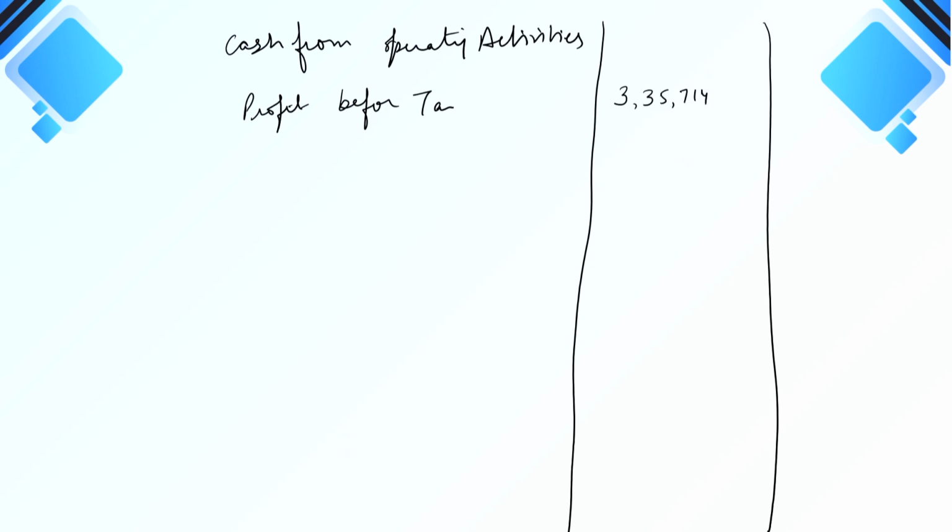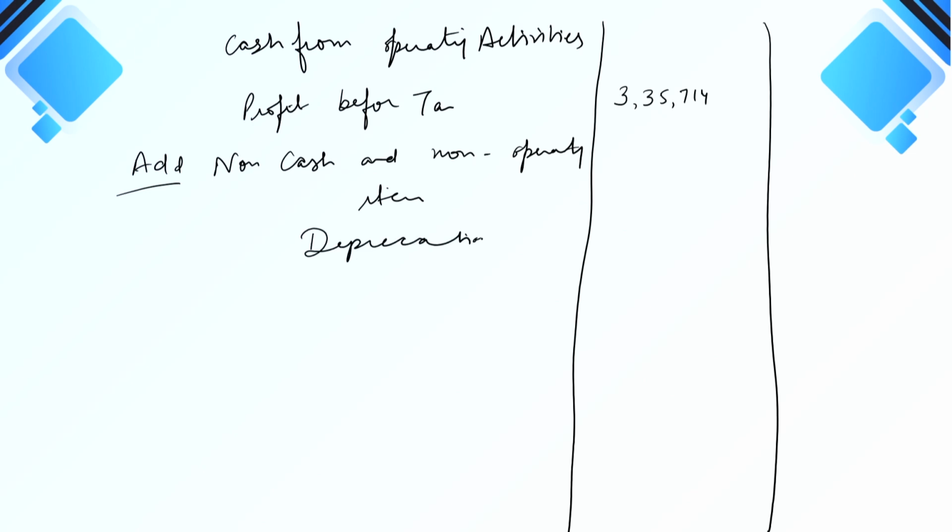That would be considered, and then we add up the non-cash and the non-operating items to it, in which we have been given the depreciation in the question, which would be 35,715.